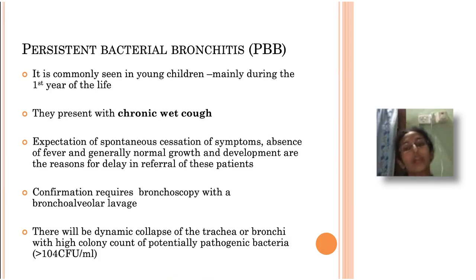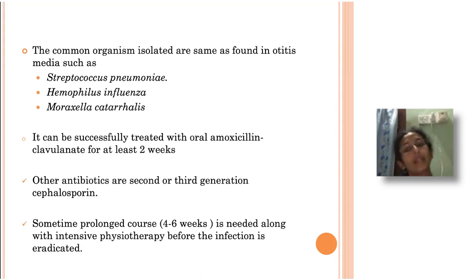The confirmation of persistent bacterial bronchitis requires a bronchoscopy with bronchoalveolar lavage. The bronchoscopy will show a dynamic collapse of the trachea, and the bronchoalveolar lavage will show a high colony count of potentially pathogenic bacteria, more than 10 to the power 4 colony forming units per ml. The common organisms isolated are the same as those found in otitis media, such as Streptococcus pneumoniae, Haemophilus influenzae, and Moraxella.